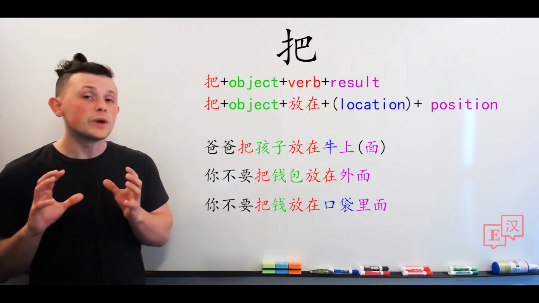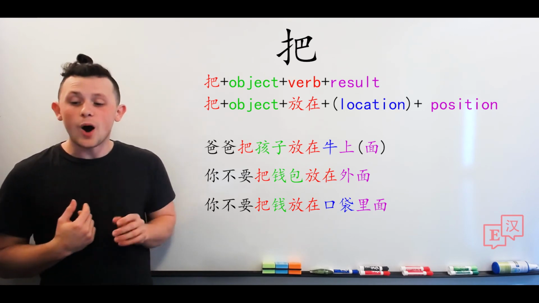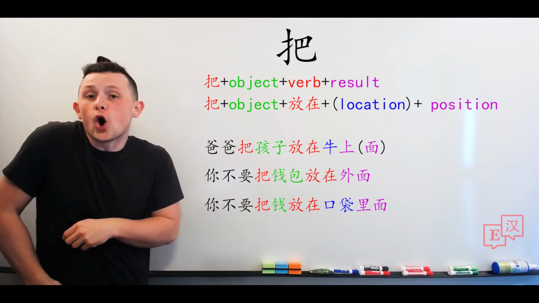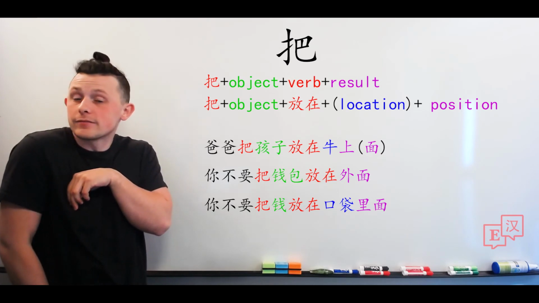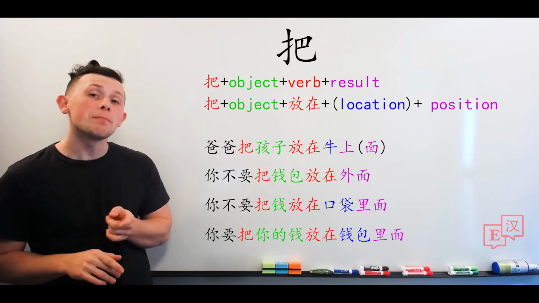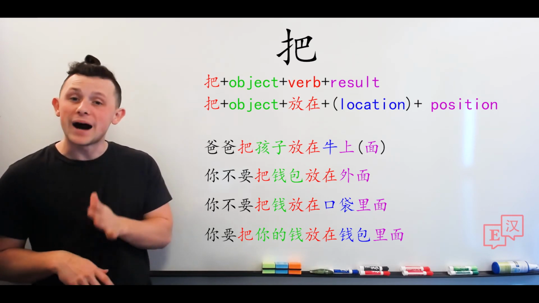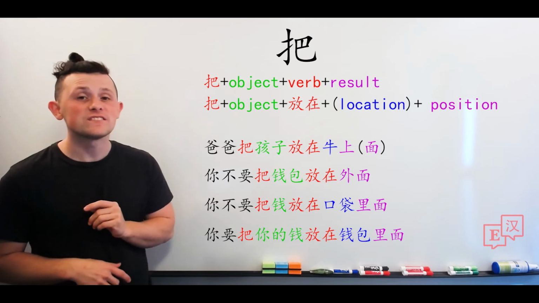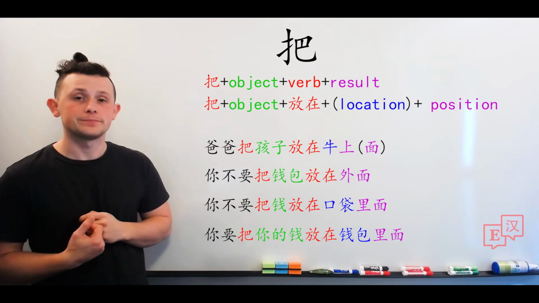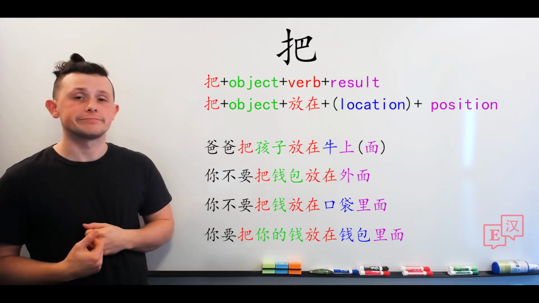Again, keeping in mind, we take an object and then we put it somewhere. 你不要把钱放在你的口袋里面。You mustn't or you should not put money in your pocket. 你要把你的钱放在钱包里面。You should put your money inside of your wallet.